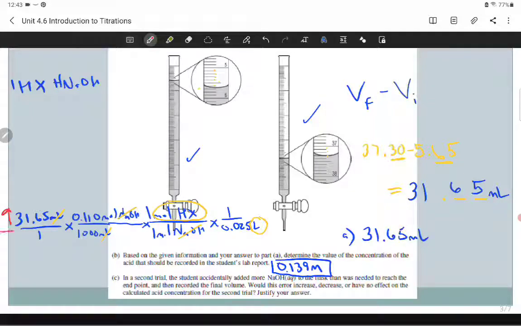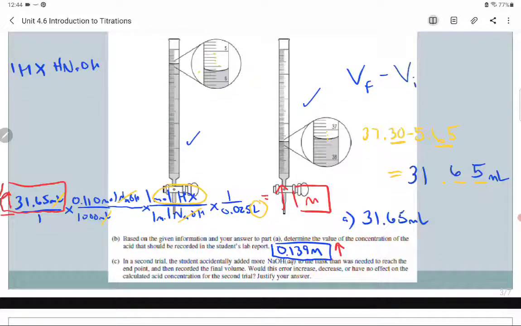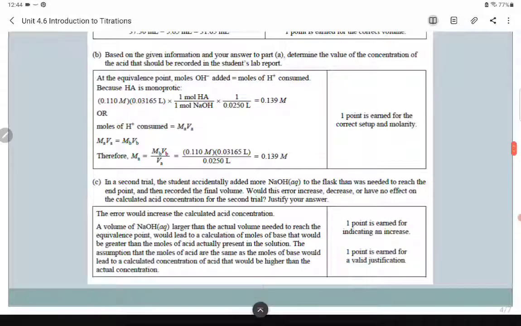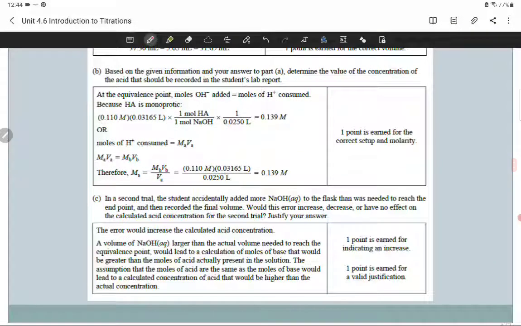Because this is on the top of that fraction, it's going to have a direct impact on our molarity answer. So this 0.139, if we would have added too much sodium hydroxide, would actually be an elevated number past 0.139. So I think I probably answered that question to the AP folks' satisfaction there. I think I have all the work here, so you can check that out on your own. I do want to note this.